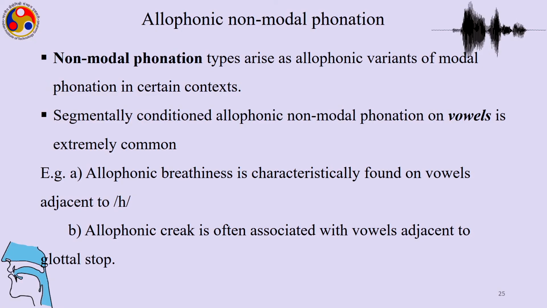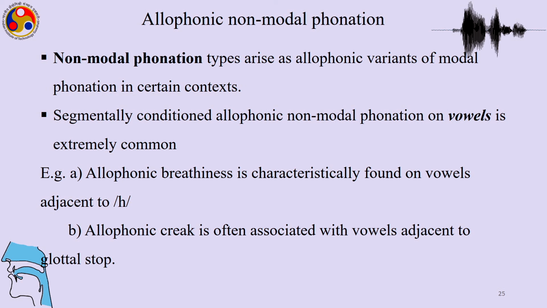So, there can also be allophonic non-modal phonation, and like in English, the glottal stop can be allophonic, and there can be variants of modal phonation in different contexts, and segmentally conditioned allophonic non-modal phonation in vowels is extremely common.